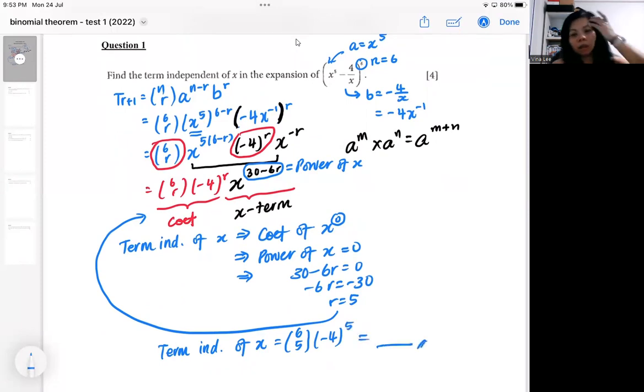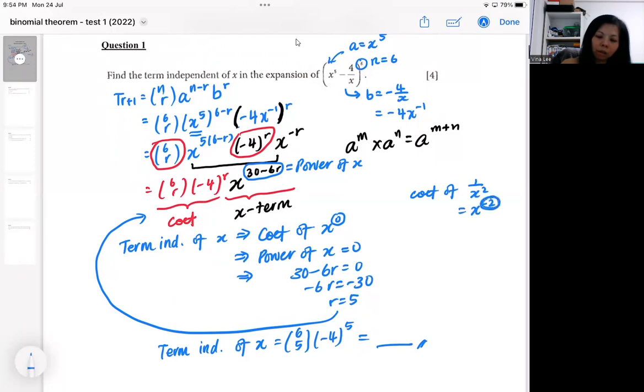So the general formula can be used if, let's say, they want any specific coefficient. So in this case, I can also have a coefficient of x power 10, or it can have negative power also. So for example, if the question asks for the coefficient of, let's say, 1 over x squared, that will be x power minus 2.